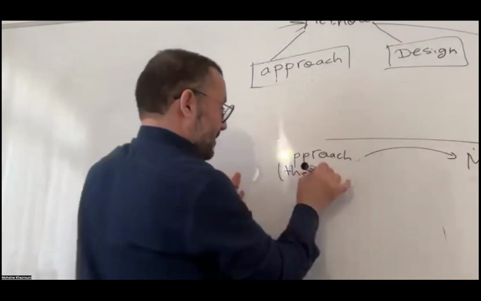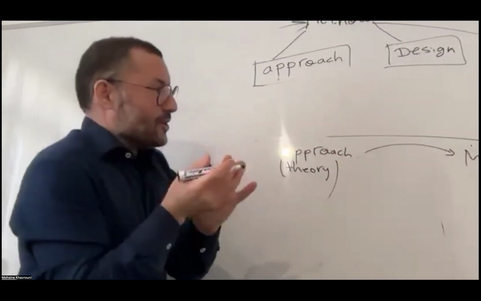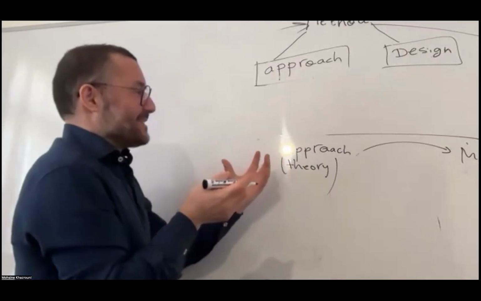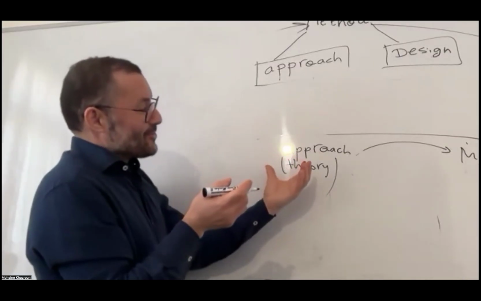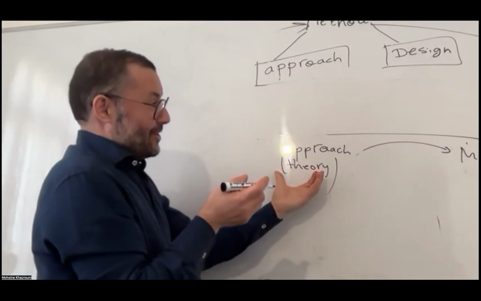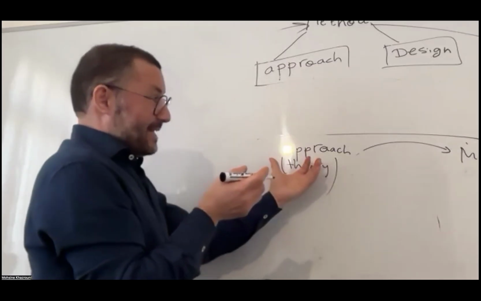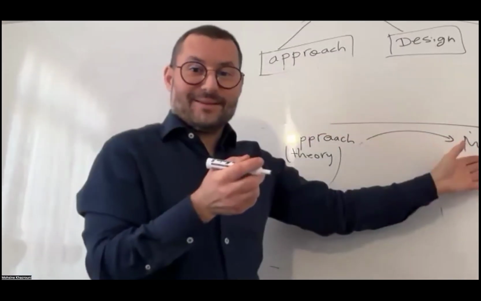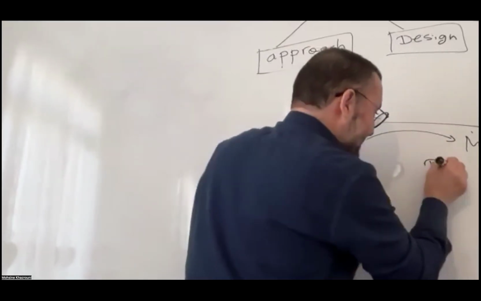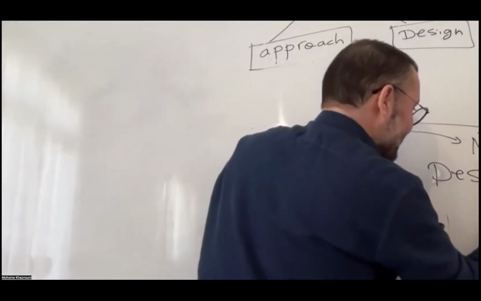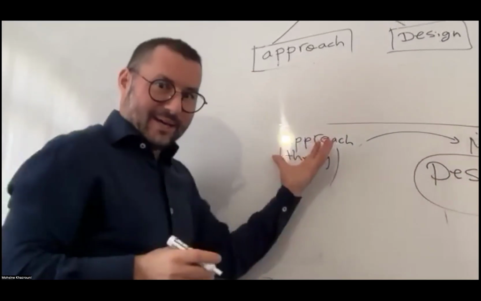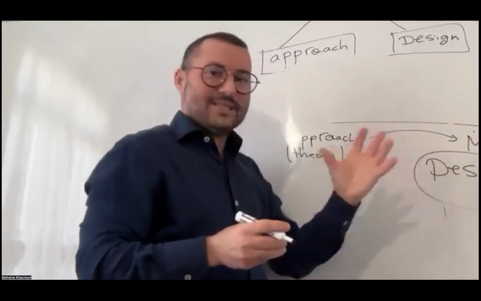Of course, this is theory. We apply the theory into practice. Exactly. We need to apply it, so that to become a method, we need design. To move from here to here, we need design.